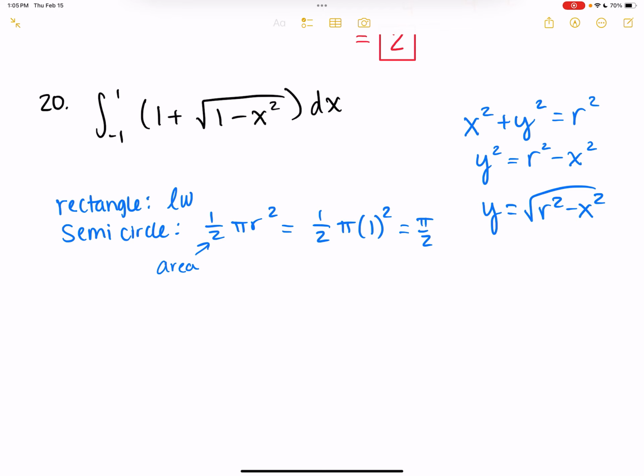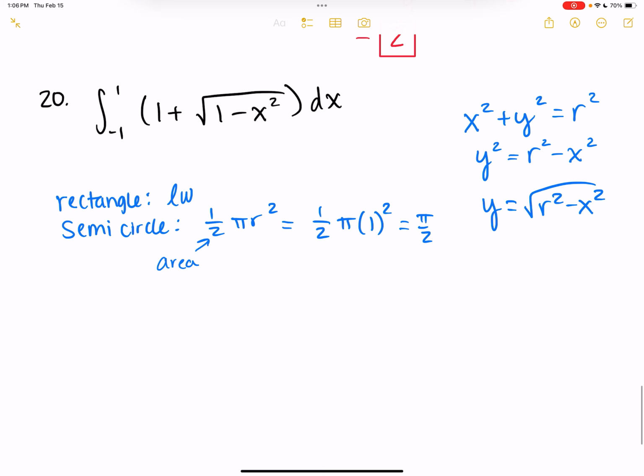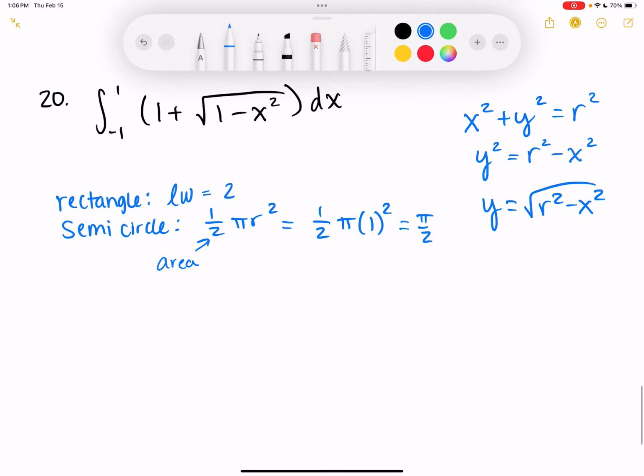But the total rectangle would be all the way over. So it's going to be 2, and then this little mark here, which is really, really tiny, is like 1. Again, don't stress about this, but this is going to be 2 times 1, which is just 2. And those areas get added together to give you 2 plus pi over 2 for the answer.